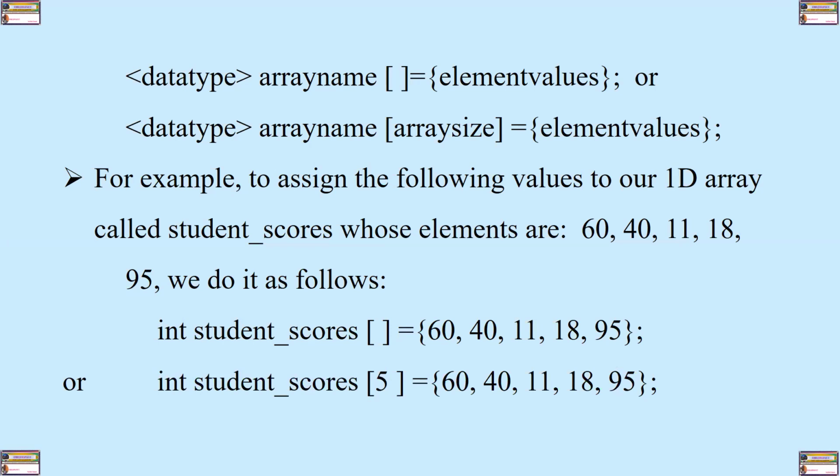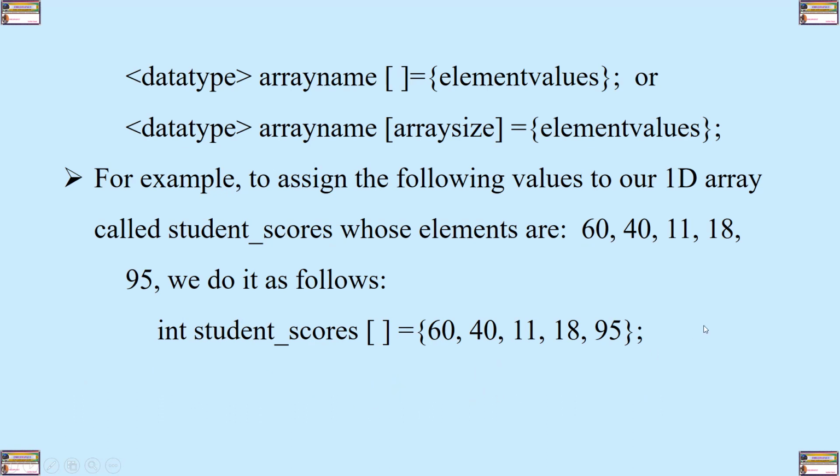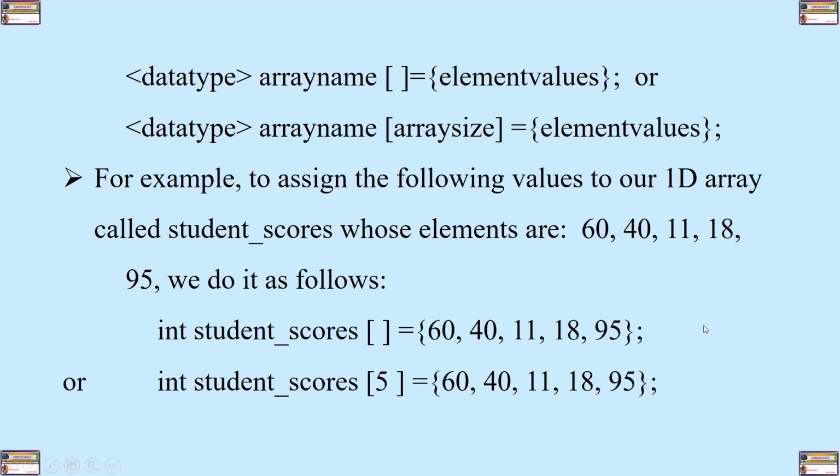The same applies. What changes between my first declaration and initialization and the second one is just the name of the array. Otherwise, even if it were student scores at the bottom here, that would be the same as long as the dimensions are the same. Now, if you look at these two statements, they are the same.